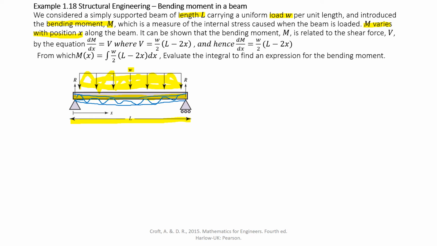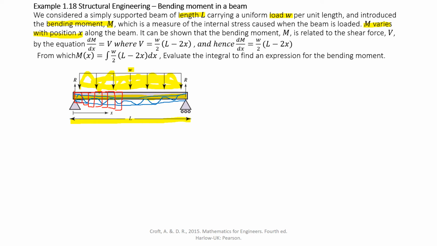Let me change the color. The bending in this area is less, then it is increased, and the more we are going, the bending is increasing. See, so the bending is increasing when the length is getting increased.